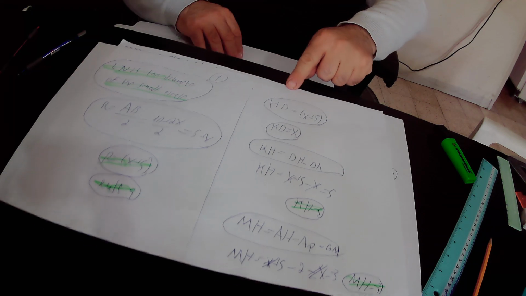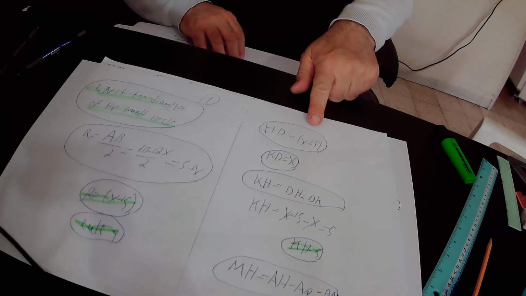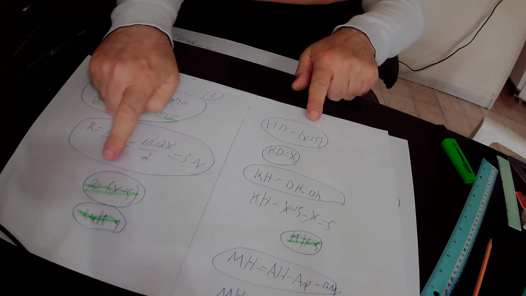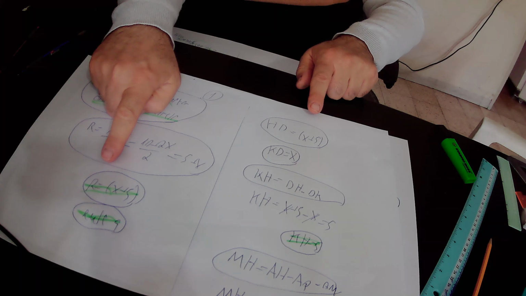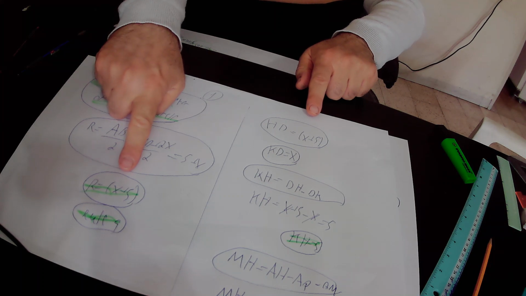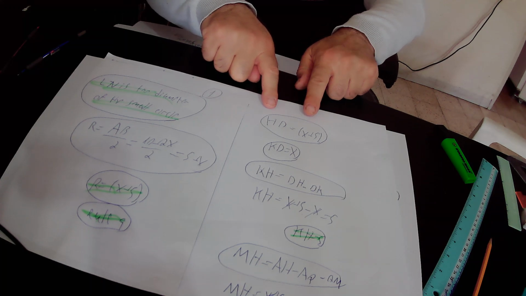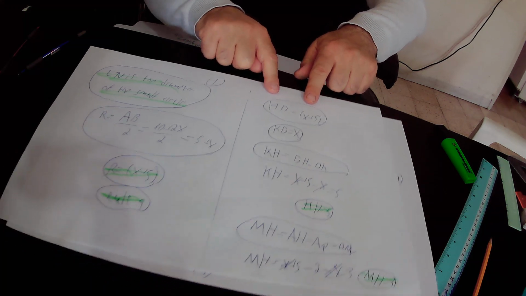According to what we have already found, the radius of the big semicircle is capital R, and it is equal to x plus 5. So HD is the radius of the big semicircle, equal to x plus 5.